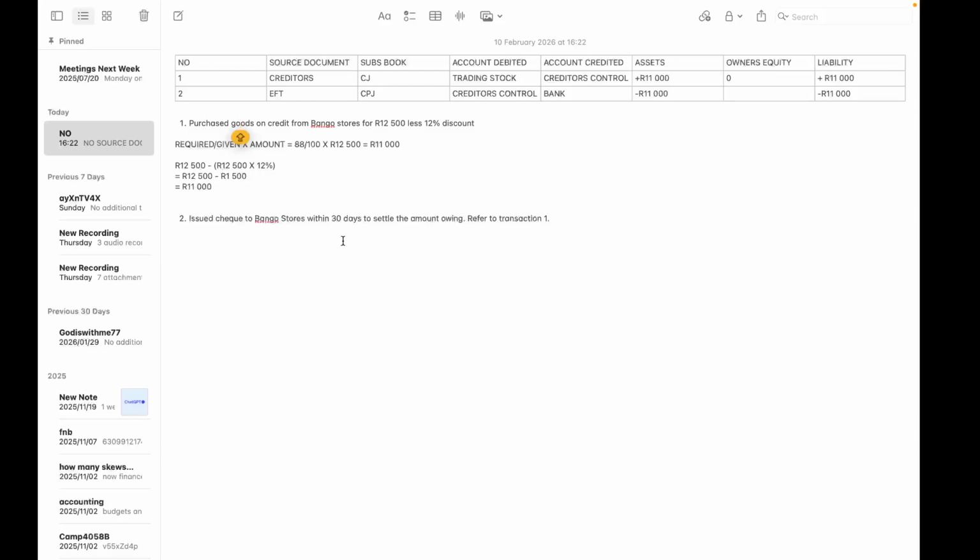Fine. Now that we paid within 30 days, it means that we qualify for the 5% discount, right? We qualify for the 5% discount. So I don't think we are going to have to pay 11,000 because there's a discount that which we have to account for.